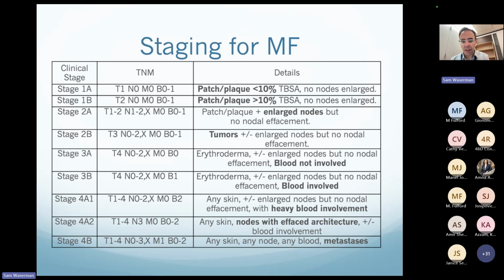But they have a multidisciplinary clinic at Juravinski that deals with all of these stages. Once you have nodal enlargement, that's stage 2A, and tumors is 2B, and heavy blood involvement is 4A1, and that's the threshold for Sézary syndrome.